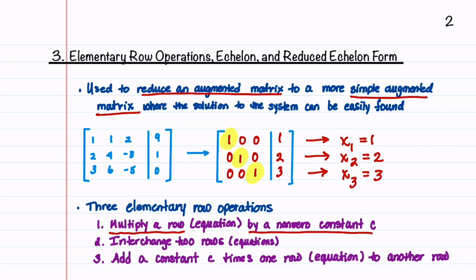The second one that you can do is you can interchange 2 rows. And then the third operation that you can do is to add a constant c times 1 row to another row. And I always tell students that 90% of the time, it's this third operation that we're going to use when we're going through a row reduction.